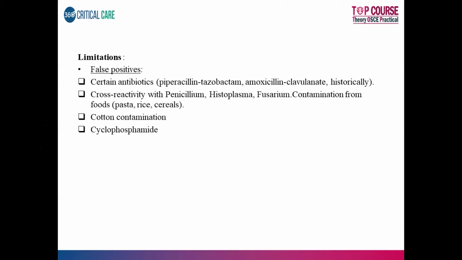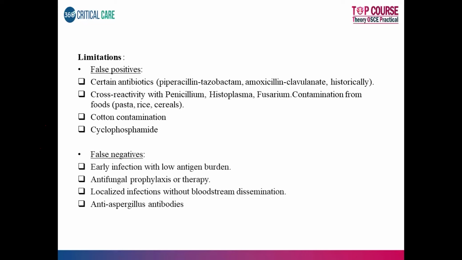The second is cross reactivity with other fungi like Penicillium, Histoplasma, Fusarium. And this can usually happen from contamination from the foods. Third, any cotton contamination can also result in a positive galactomannan assay, and a prior treatment with cyclophosphamide. In some case reports, they showed that your galactomannan assay is positive. This is about the false positive results.